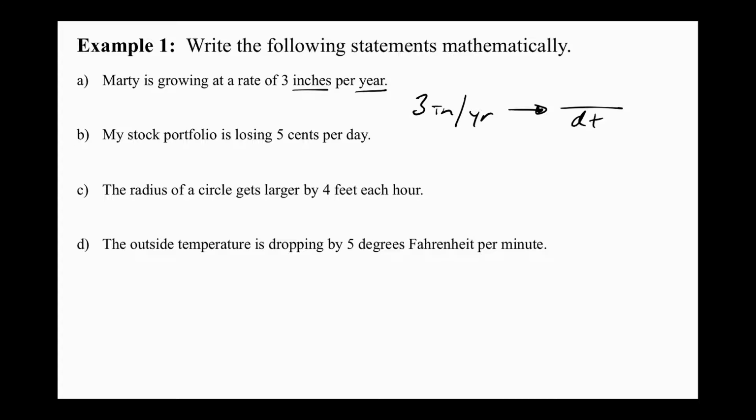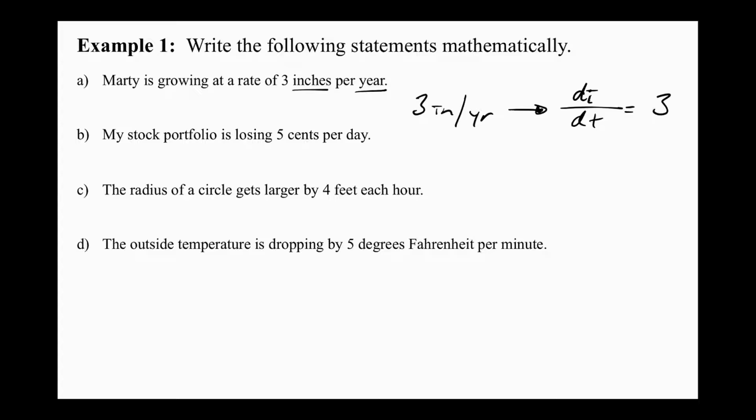The top is the quantity, which is inches, so we're going to write di dt for inches, and that's equal to positive 3, because Marty is growing. If he's getting taller, it's positive.